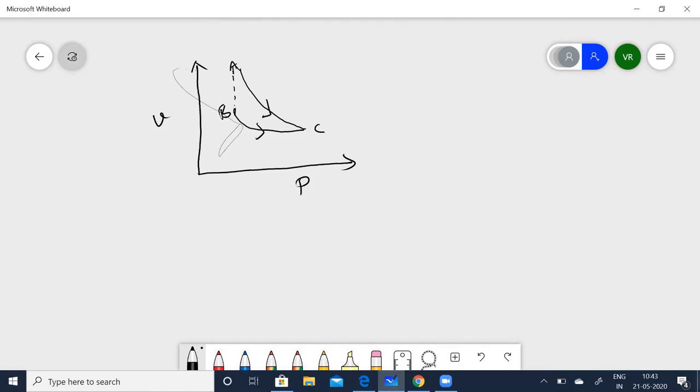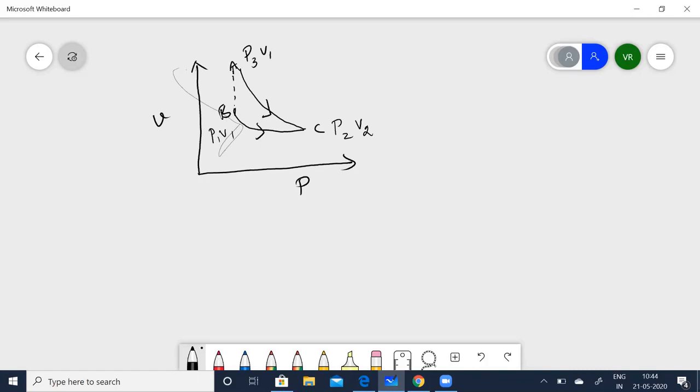I can mark this point as P1, V1, and this is going to be P2, V2, and this is going to be P3, V1, because the volume is going to be the same at that place.